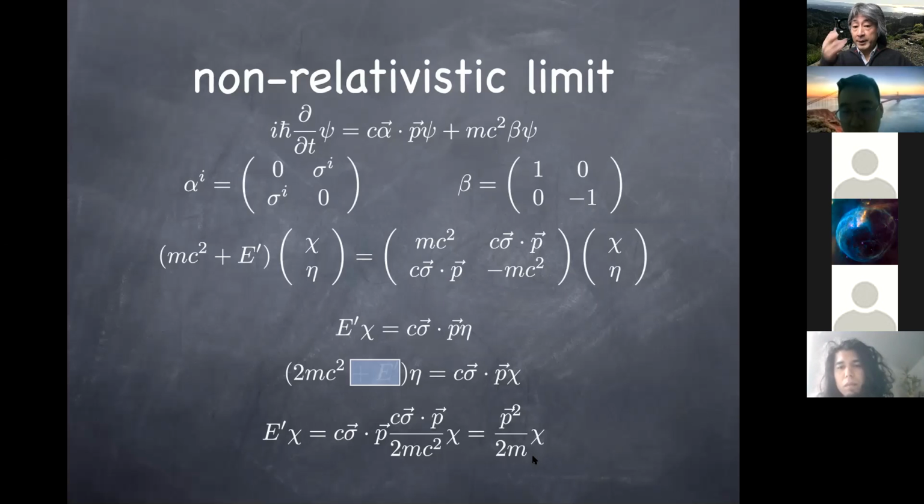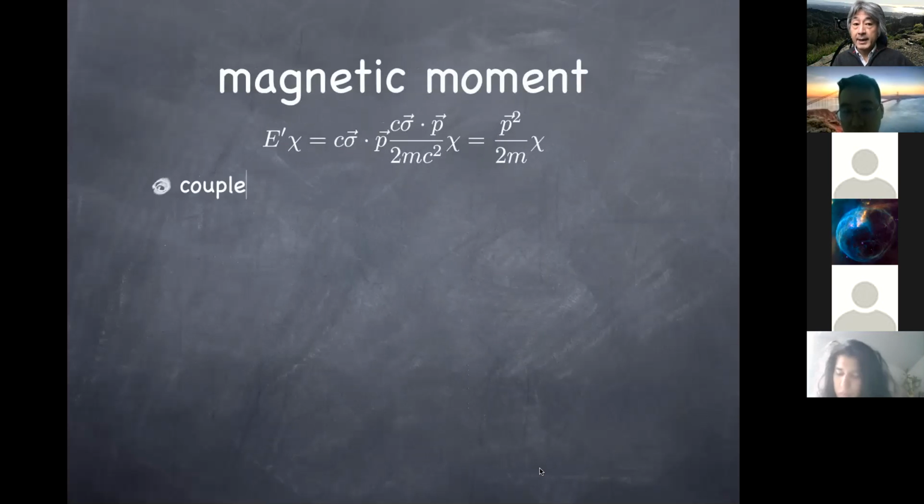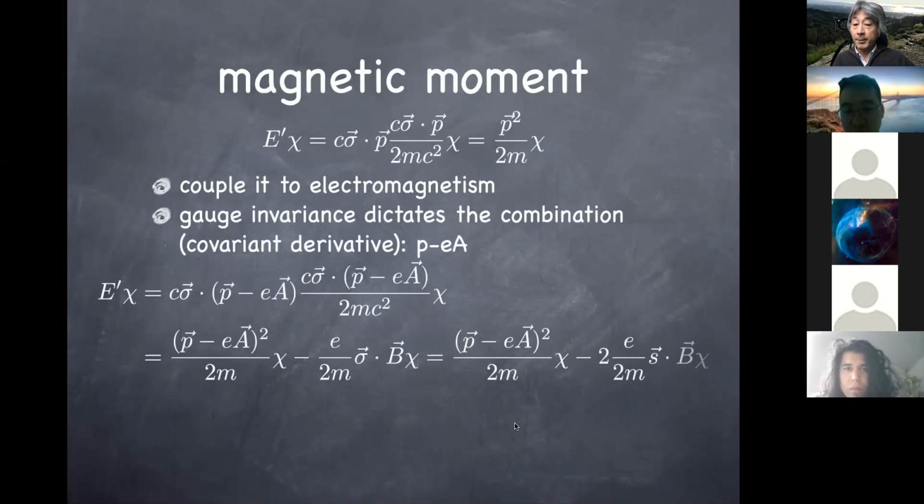And then you can derive what the spin-orbit coupling should be too. And that's also uniquely predicted. There's no ambiguity. Spin-orbit coupling comes out exactly the way you have seen in the quantum mechanics class for the hydrogen atom, for example, with the correct Thomas factor.